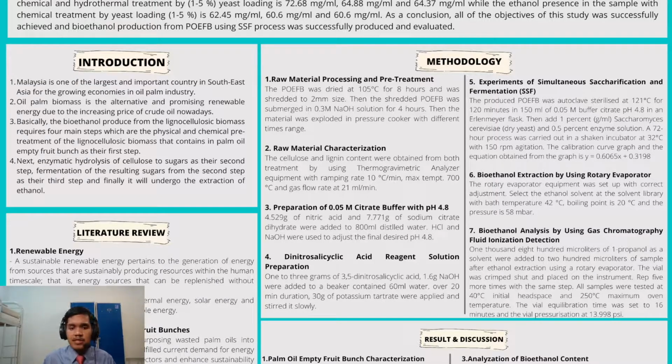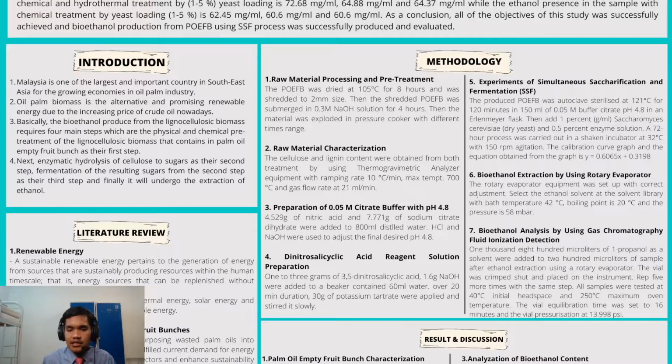Thirdly, the preparation of 0.05 molar citrate buffer with pH 4.8. 4.5 to 9 gram of nitric acid and 7.771 gram of sodium citrate dihydrate were added to 800 ml distilled water. Hydrochloric acid and sodium hydroxide were used to adjust to the final desired pH 4.8.